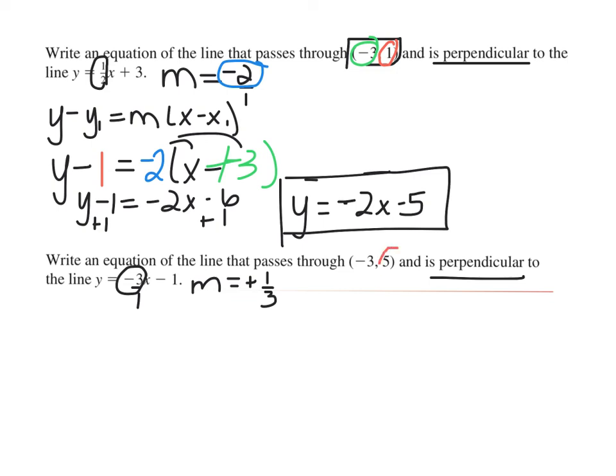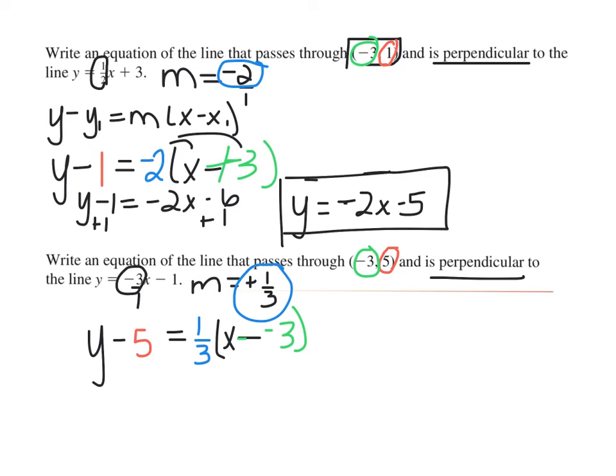Here's our y1, here's our x1, and our m to put into the equation. So y minus y1, which is 5, equals m, 1/3, times x minus negative 3. Again, minus a negative becomes plus a positive.